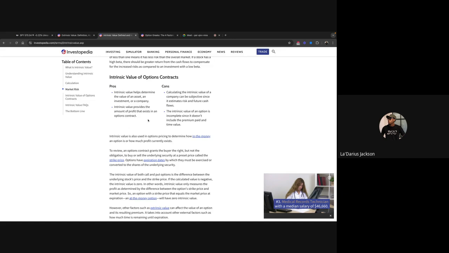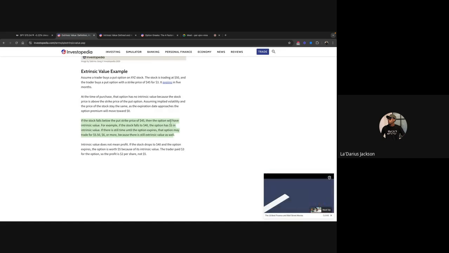And again, the intrinsic value is going to be pretty much the amount of profit that you make once you're in the money of the contract. So when we're looking at these two contracts, the strike price was at 45, the option fell to 40, so it had $5 of intrinsic value, right? Because it was $5 under our strike price.